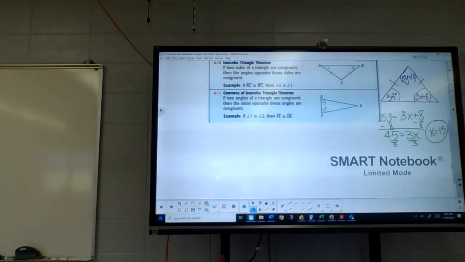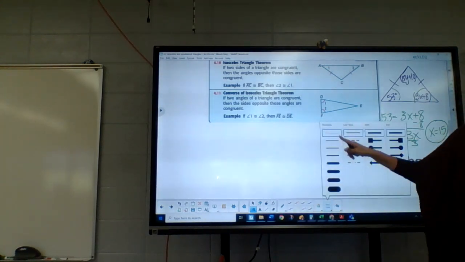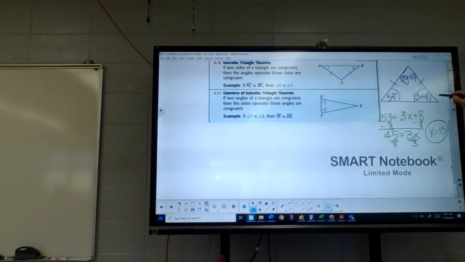Okay. How do we figure out y then? Any thoughts? Go ahead, Liv. 180 minus the 53s combined. Yeah, 106. So we have to know that these will both be 53. So we have to figure out what this is by knowing the three of them add to 180.